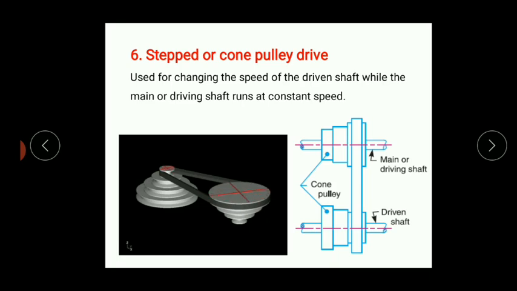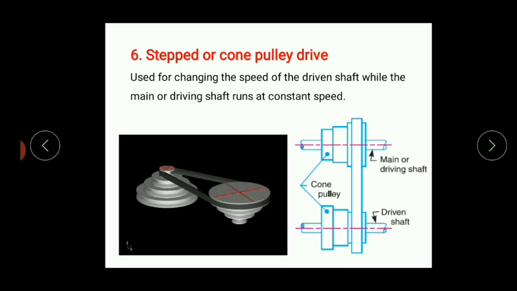If the radius of the pulley on the driving side is higher compared to the driven side, then the speed of the driven shaft will be increased. So this stepped pulley can be used to achieve different velocity ratios between the driving shaft and the driven shaft.